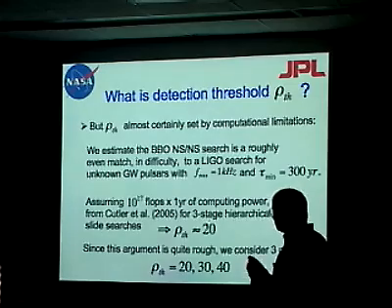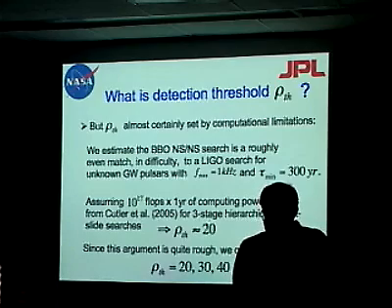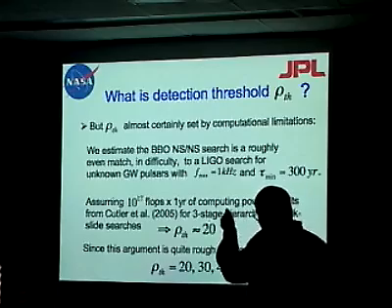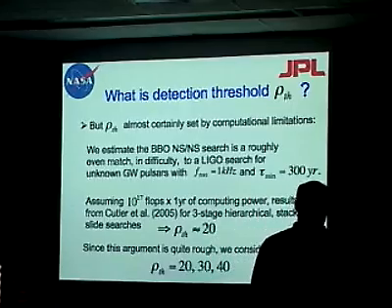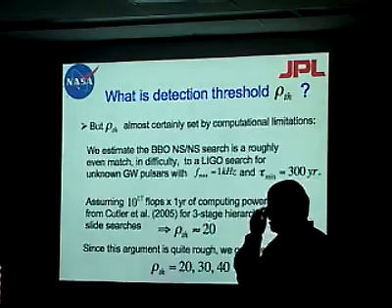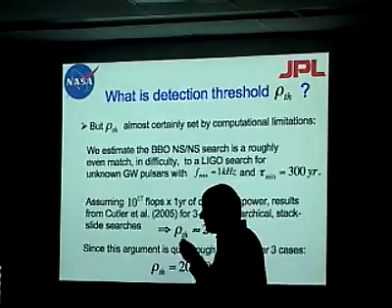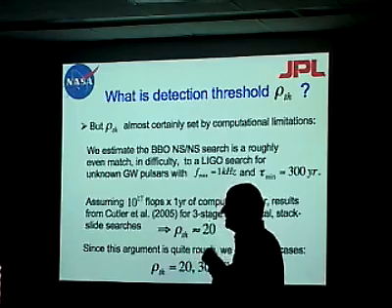You can ask, based on computer programs we did to estimate efficiencies of neutron star searches, if you had a 10 to the 17 flop computer at your disposal, free to you for an entire year, what signal to noise would you need to find these kinds of pulsars? And I claim the answer is 20.